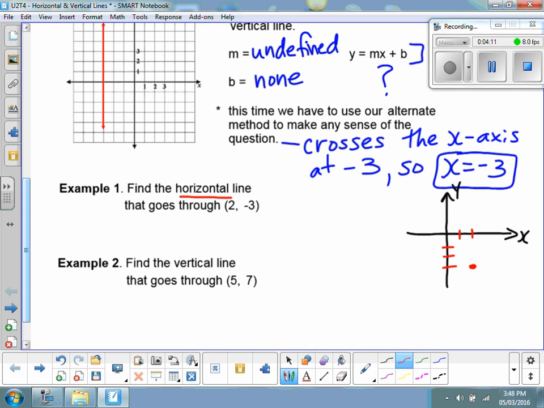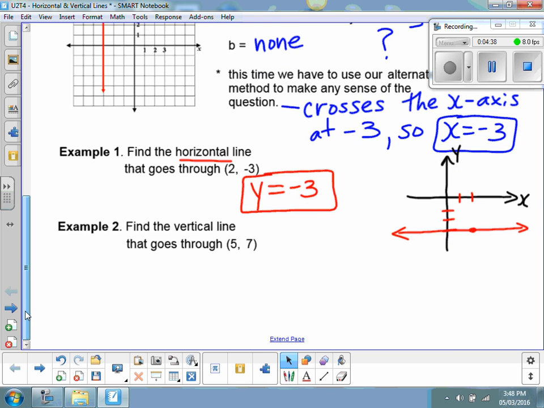It's like the horizon that you look out at. So I'm not even worried about how straight I draw it here. That's what my line is going to look like. So if I'm going to come up with the equation for that, I have to ask myself, which axis does that line cut? It cuts the y-axis. Where does it cut it? It cuts it at -3. So y equals -3 is the equation of that horizontal line.